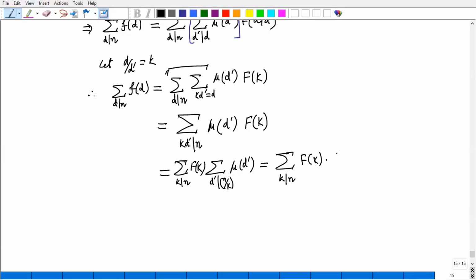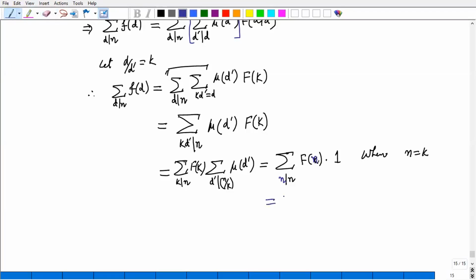So this value is 1 when n is equal to k. Okay, so when n is equal to k, we can write n here. So if we write n here, there must be n as well.